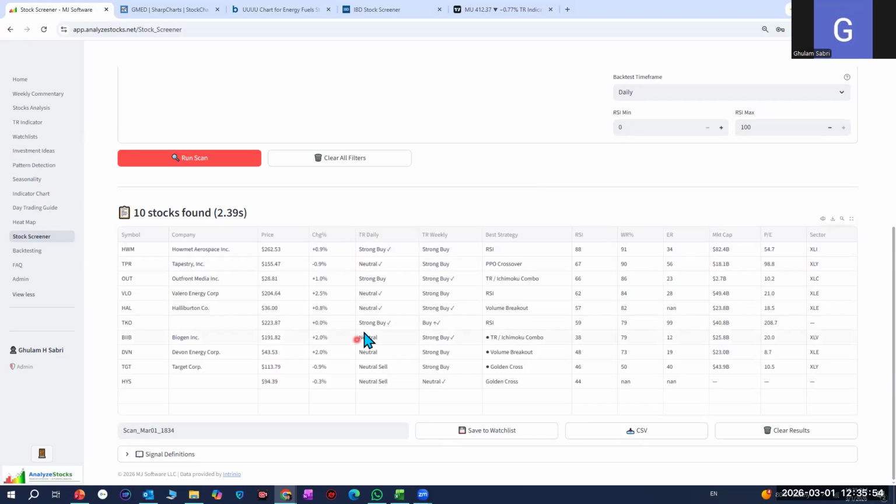When you have a TR daily indicator, it means you wait at least one day for the signal to change. And when you're looking at a TR weekly, you can wait at least 1 week for the change. Now, if you are just looking at today, that means maybe 5 minutes, 10 minutes, 15 minutes. That's a completely different ball game.